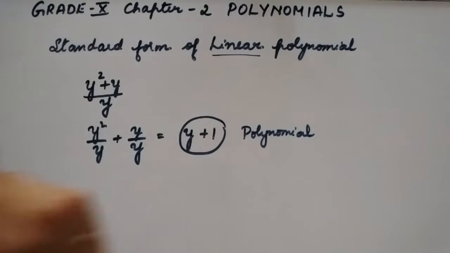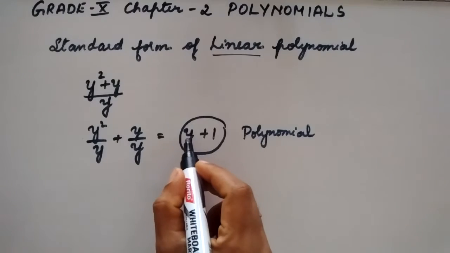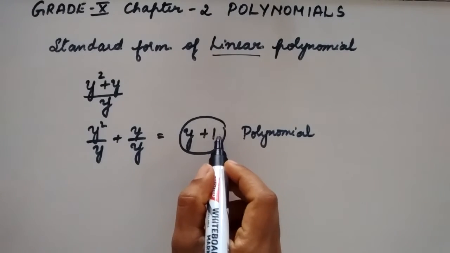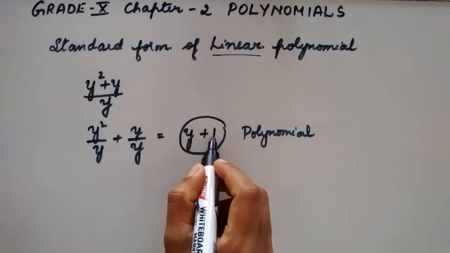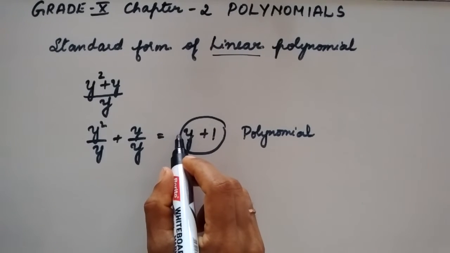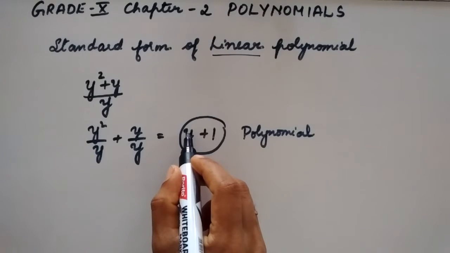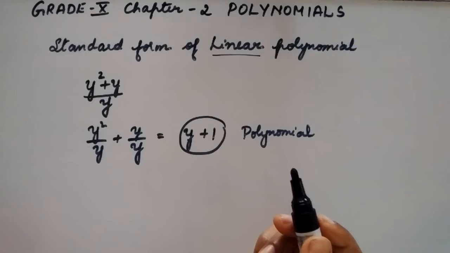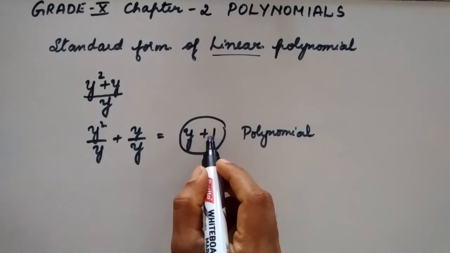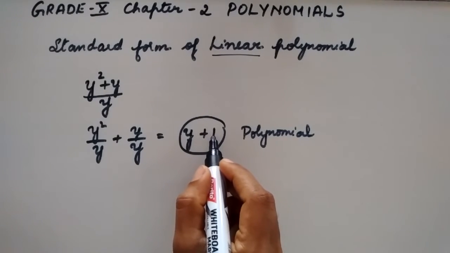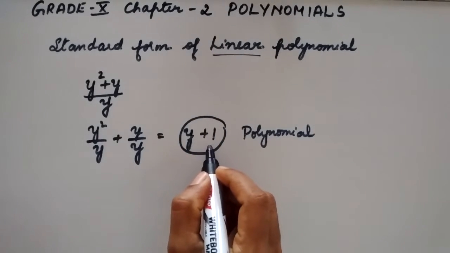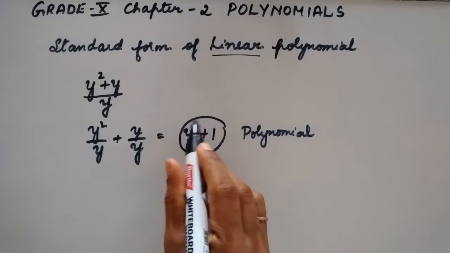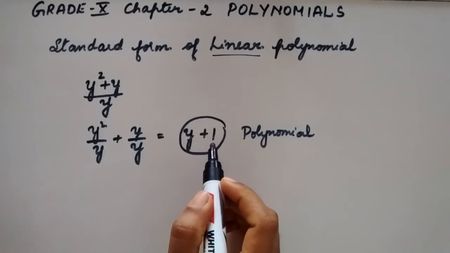Now, on the basis of terms, how many terms do you find here? We find two terms, term 1, term 2. We find here the real number part, that is 1, and the variable part y. The power of the variable is a positive integer which is 1, and also we find the constant term, that is 1. You find two terms, isn't it?